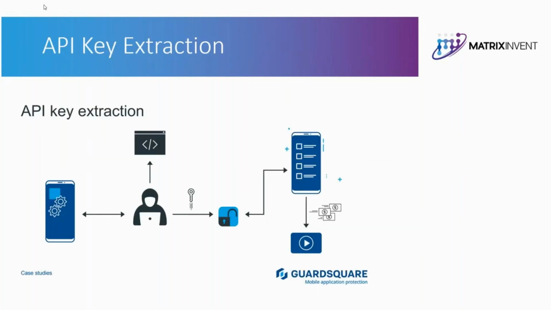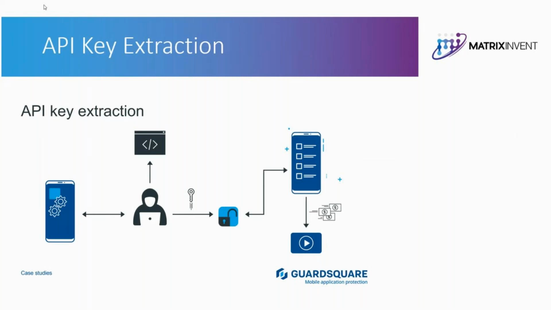API key extraction. The hacker can access the application source code and search for API keys. By extracting this key, the hacker can use it in their own application to use a paid service for free.